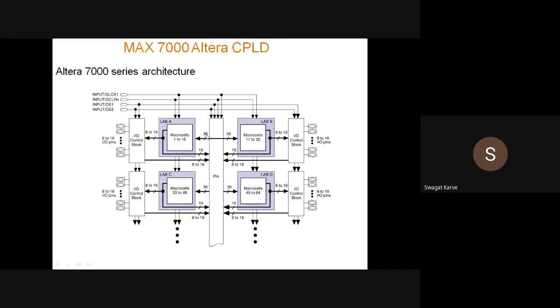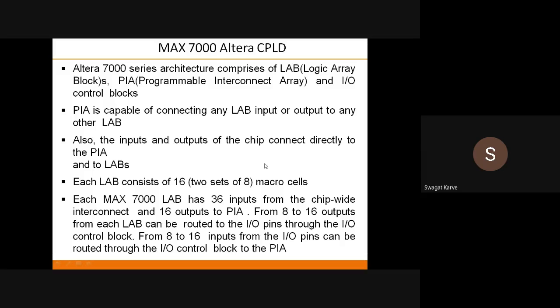You can see here, it is a 36-bit input port, and that is connected to the lab with the help of this PIA. From 8 to 16 outputs from each lab can be routed to the input output pins through the input output control block. From 8 to 16 inputs from the input output pins can be routed through an input output control block to a PIA.